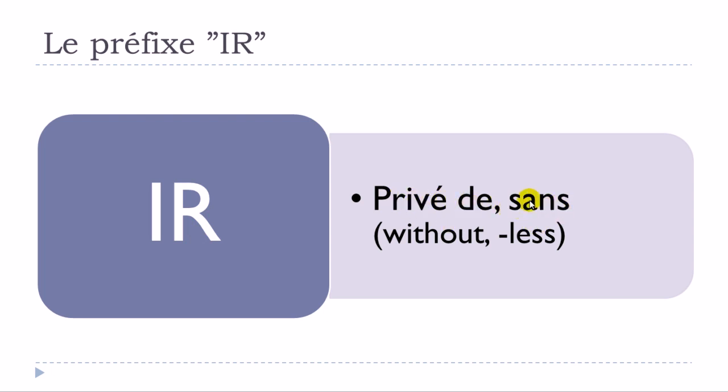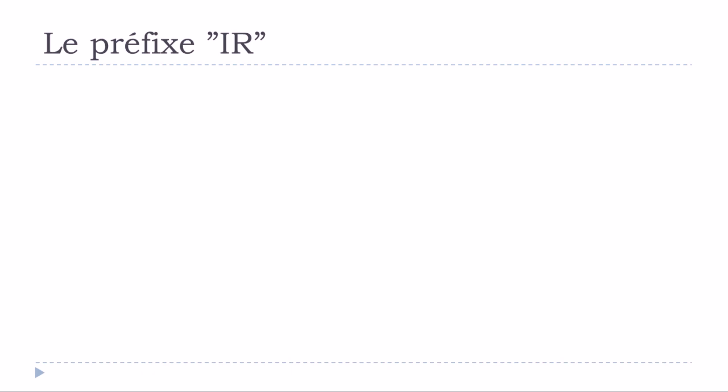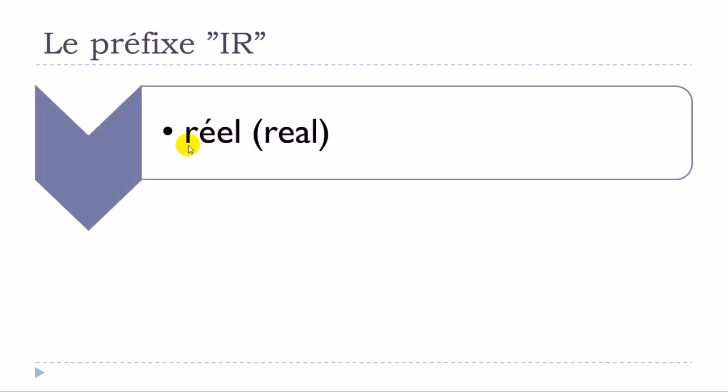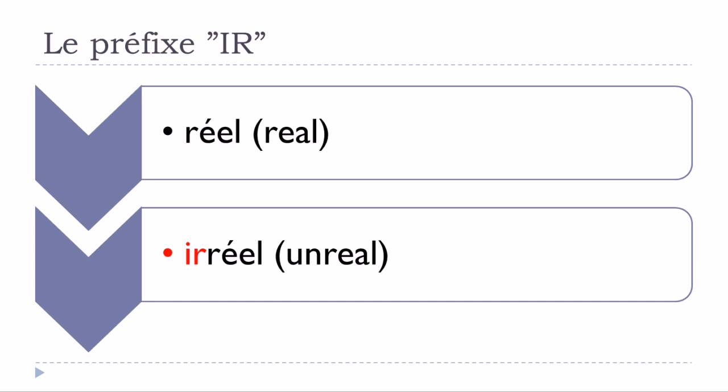Let's check 3 examples, and the first one is réel. You just add this er, and then after that you put your réel again, and you will get irréel. Réel, and then irréel.